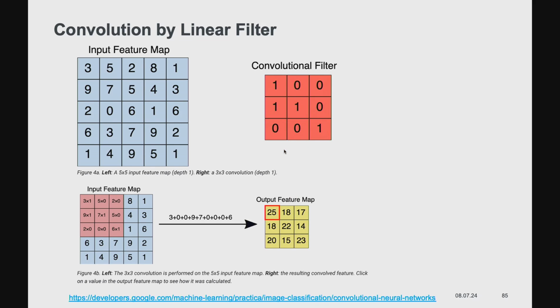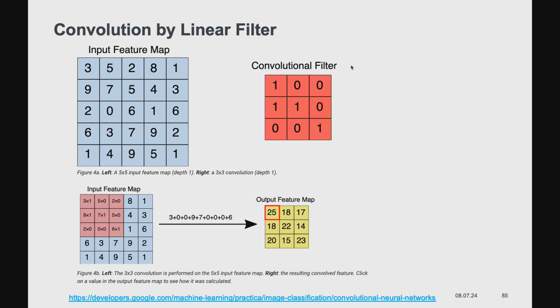So this filter selects in this part of the image certain patterns and doesn't care about others. This, of course, is just one convolutional filter. You can take other convolutional filters where the ones are arranged in different shapes, maybe as a circle, or in the other diagonal.